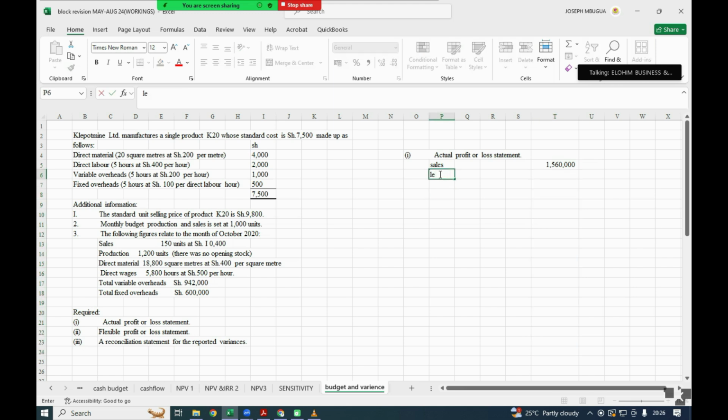And less production cost. The cost that we incurred in producing is like the cost of sales. Less cost of sales, or the production costs, because they are dealing with the manufacturing. So the production cost starts with the direct material.